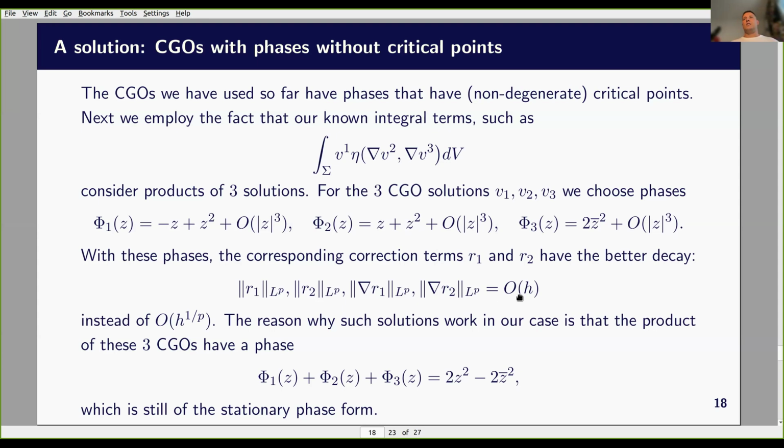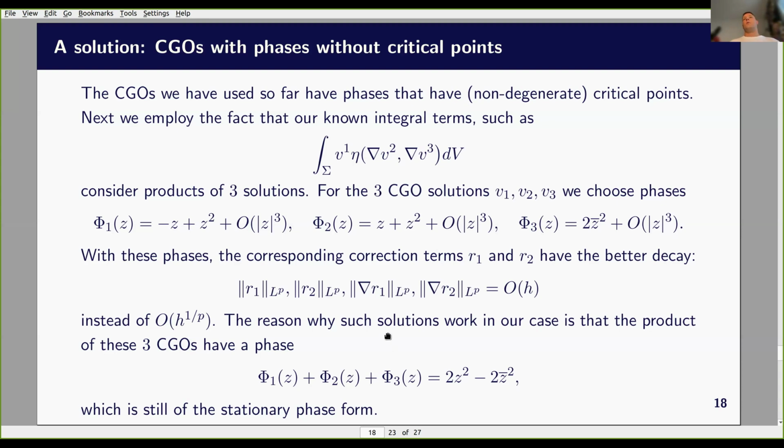This is much smaller than the previous estimate we had, big O(h^(1/p)). The estimate for the correction term corresponding to v3 is still just O(h^(1/p)). But the fact that there is this linear term in the phases, meaning that there are no critical points, gives these better estimates for the correction terms.